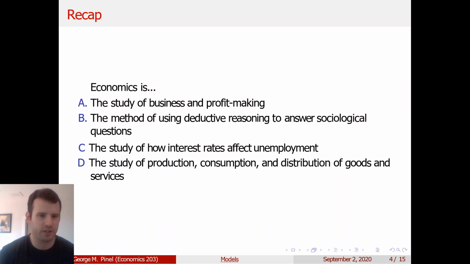So the deductive reasoning part is where I would focus on, because I showed in the previous lecture that you can use both inductive and deductive reasoning. You could generate your theory from the data, that's deduction, or you can think about a theory and then see if it fits the data. That would be induction. Okay, so you can use both in economics.